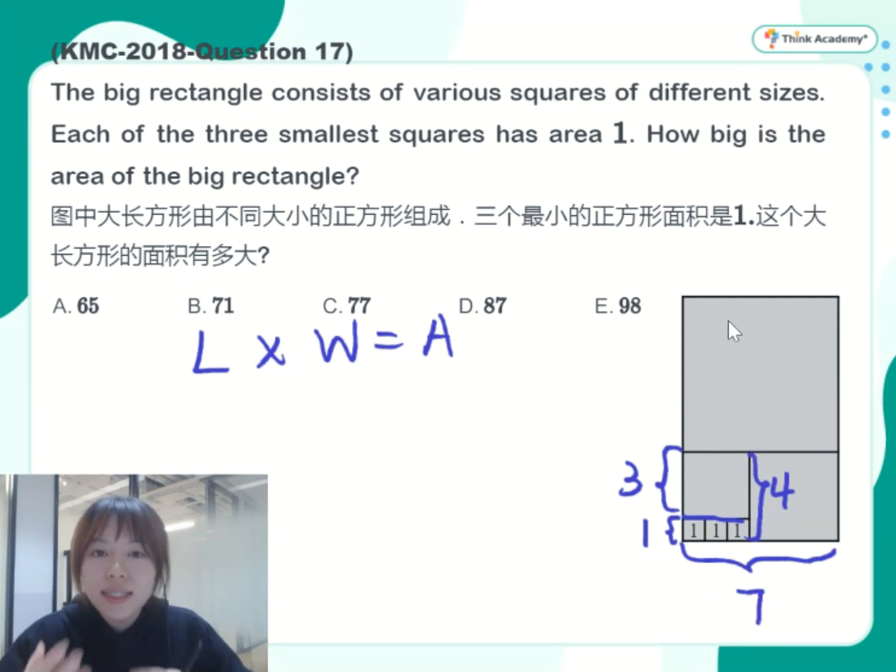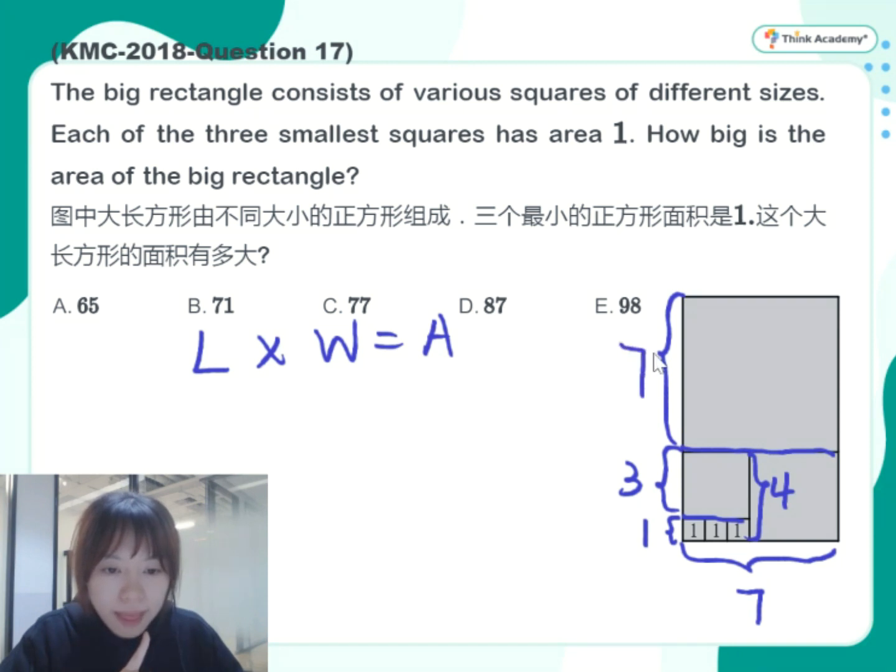So you continue using the size of the square, the equal relationship between the four sides, and try to find the length and the width. Okay, now we know the width. What about the length? For here, it's going to be 7. And then that means 7 is this place.